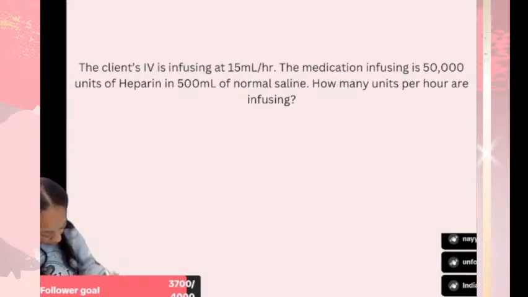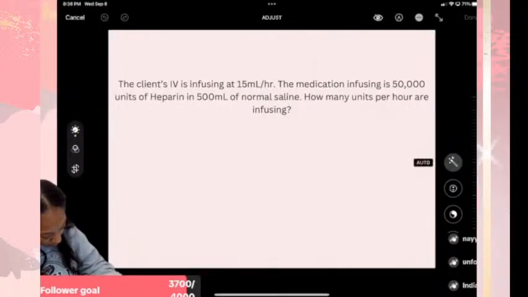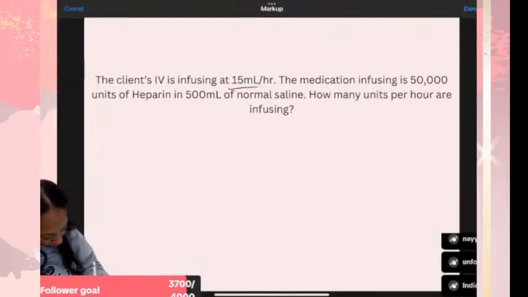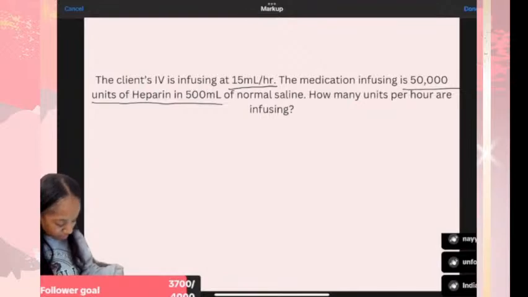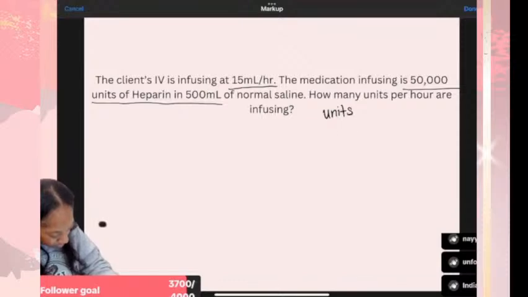Okay, so we have our rate, which is 15 milliliters per hour. Our medicine is 50,000 units in 500 mLs, and we are looking for units per hour.